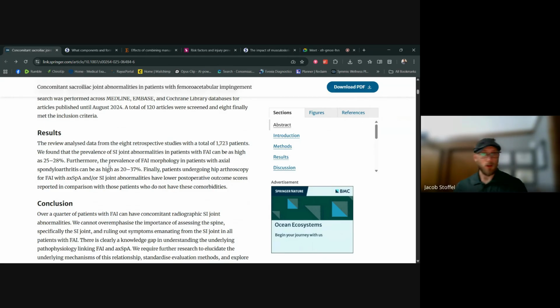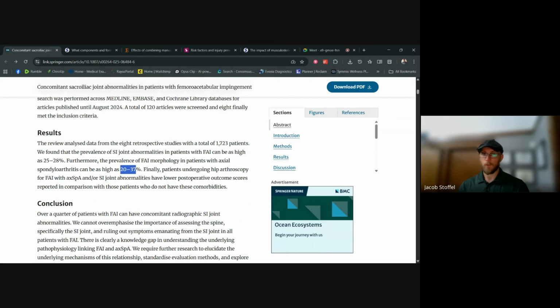So furthermore, the prevalence of femoral acetabular impingement morphology in patients with axial spondyloarthritis, which you can think of as an inflammatory arthritis, usually of the spine, that can cause some chronic back pain, can be as high as 20 to 37%.